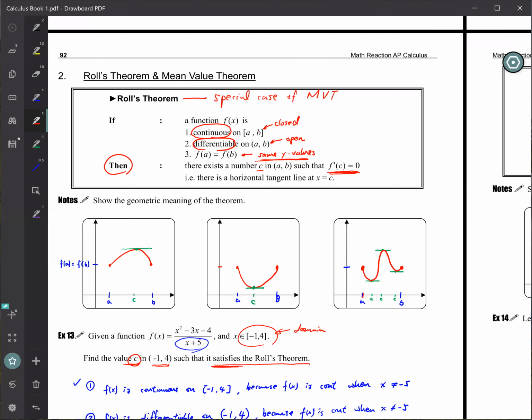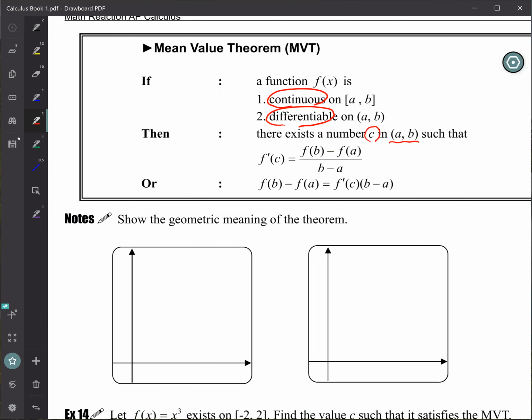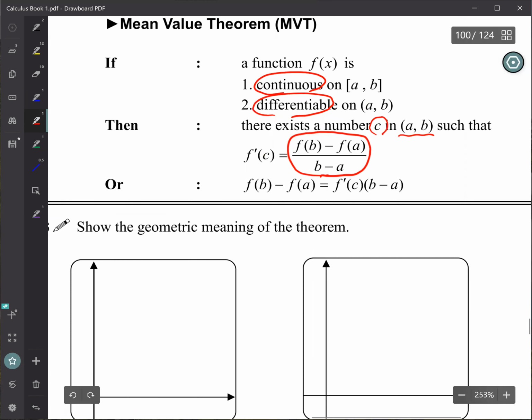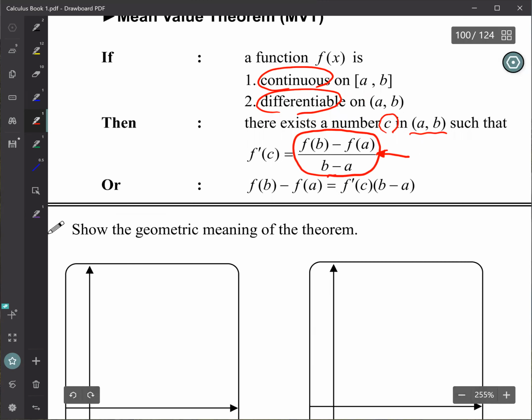So let's look at the theorem now. If a and b are 2 numbers, then there has to be a number c inside a to b, same as before. But this time, instead of f prime of c equal to 0, we have f prime of c equal to this one. Can anybody recognize it? It's the same slope thing, like y2 minus y1 over x2 minus x1.